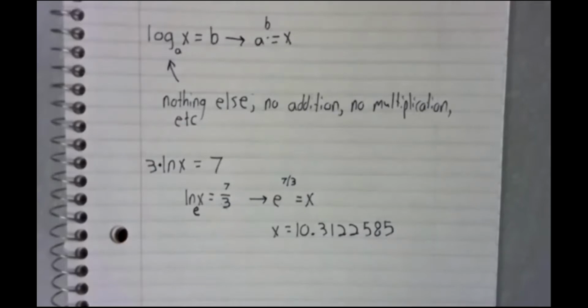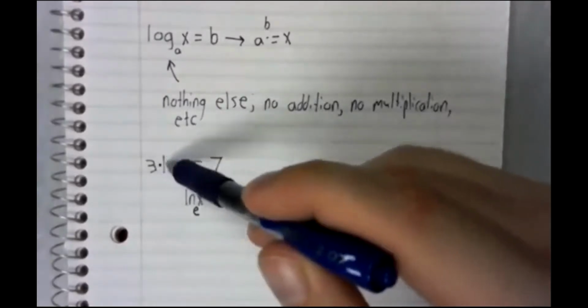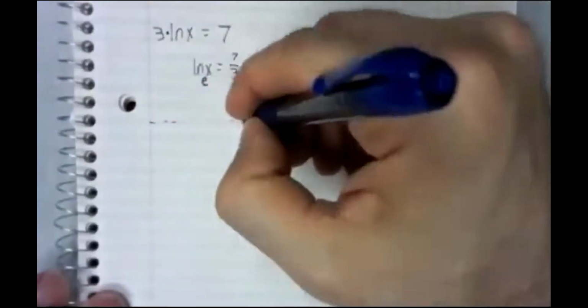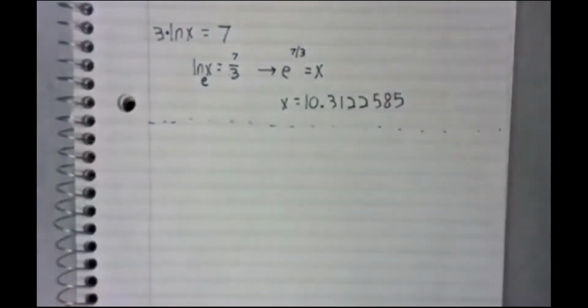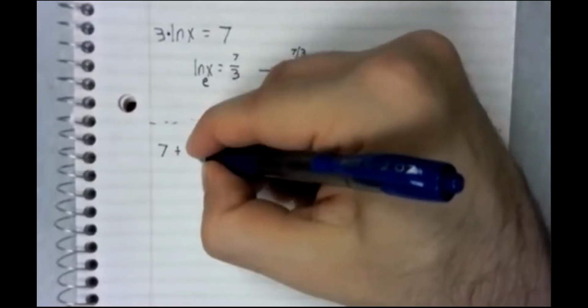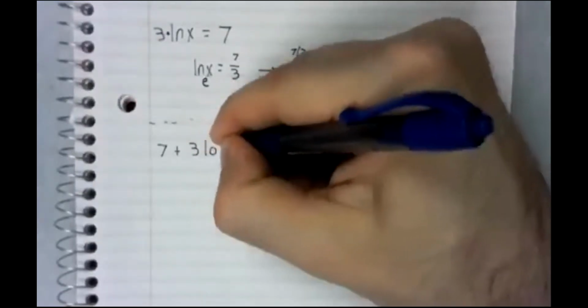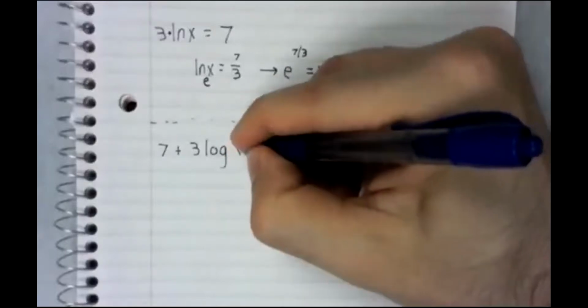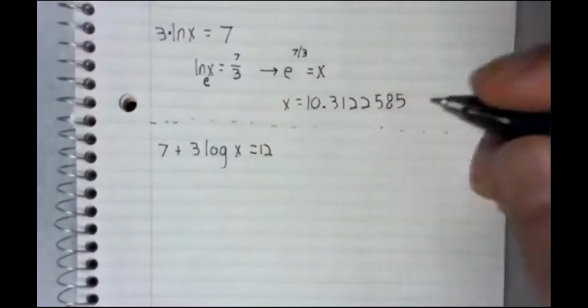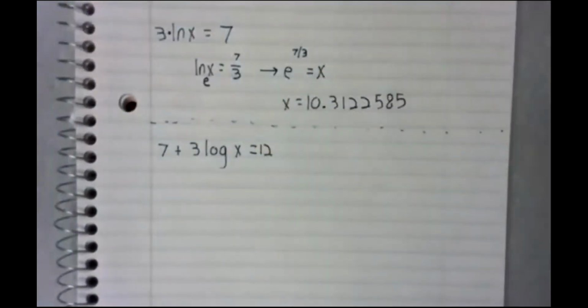Let's do another example where it's a logarithmic equation, but we have a few complications to deal with. Maybe we have addition. 7 plus 3 times the common logarithm of x equals 12.